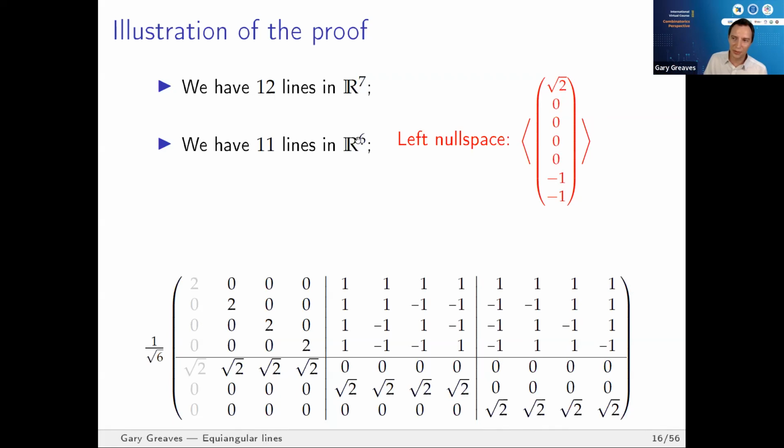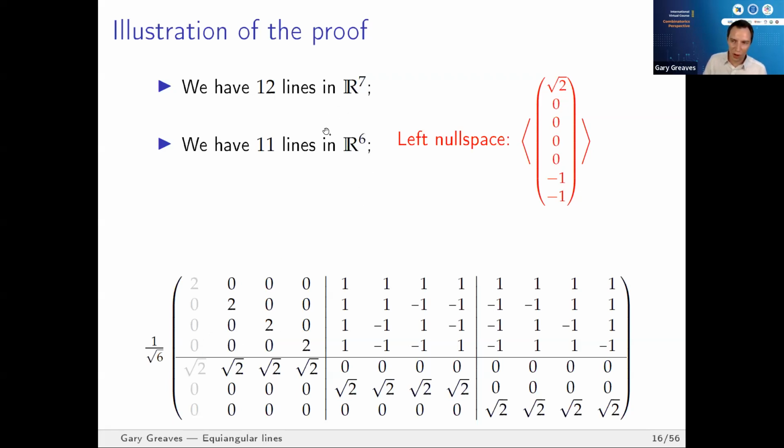And so that allows me to argue that these 11 lines, so here I have 1, 2, 3, plus 8 lines, even though it looks like they live in dimension 7, because they're all orthogonal to some vector, I can project them into a smaller space. So I can reduce the dimension by 1.